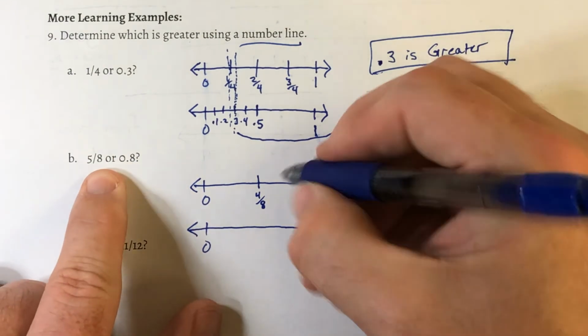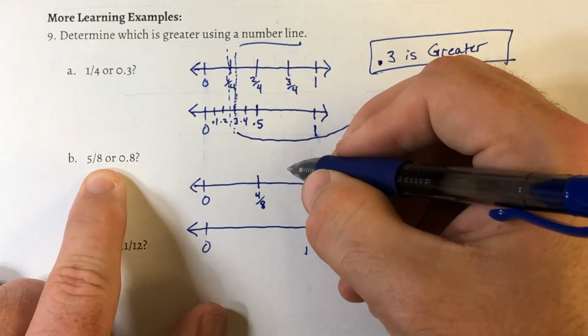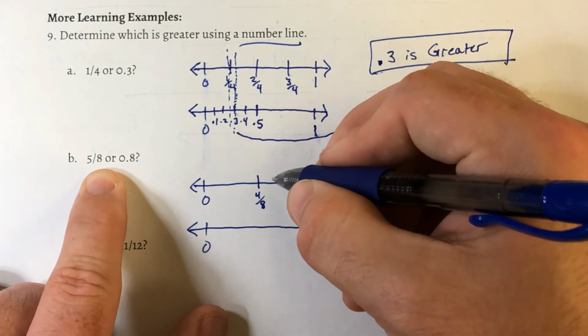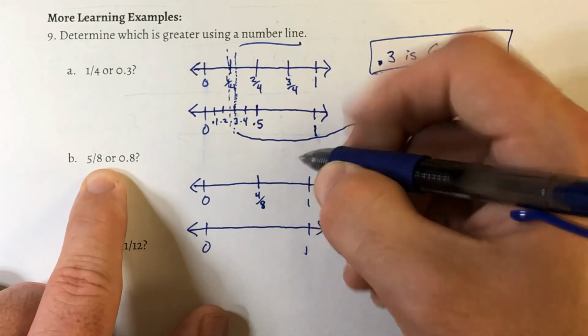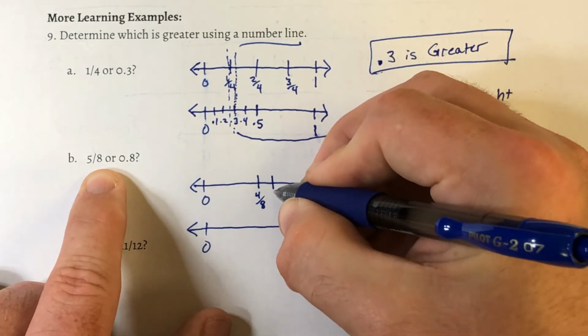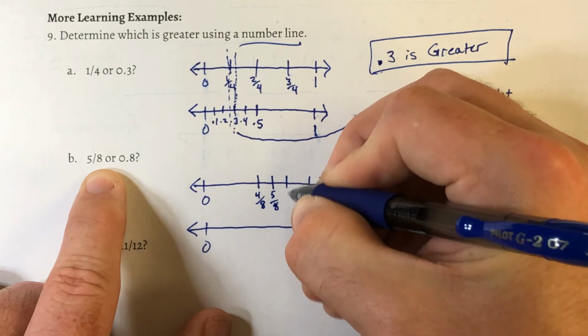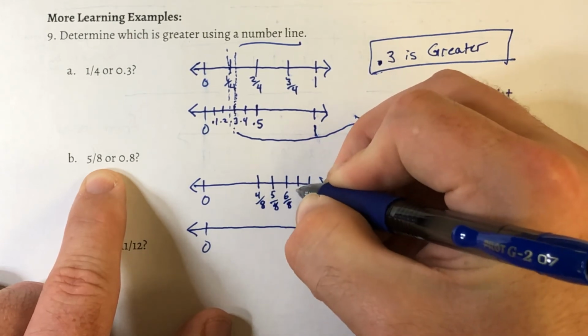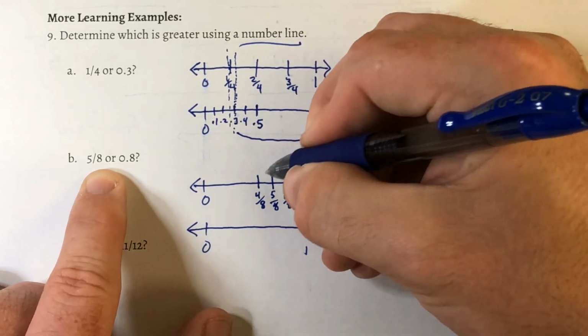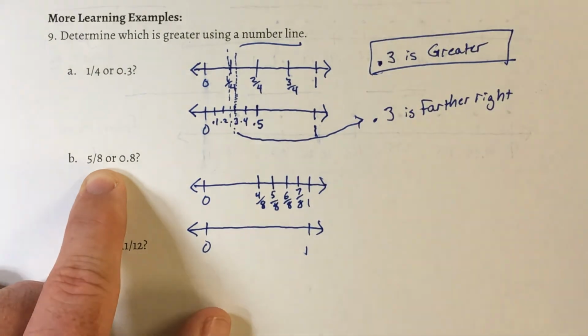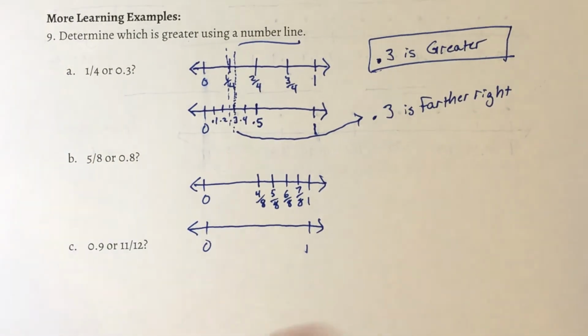And let's just focus on the right side. So I need to go 5/8, 6/8, and 7/8. Again, make sure your number spacing is as perfect as you can get. Otherwise, this method won't work, and you'll just be wasting your time.